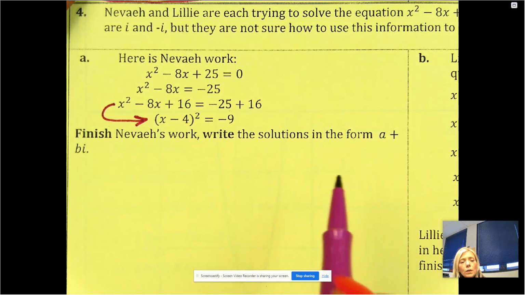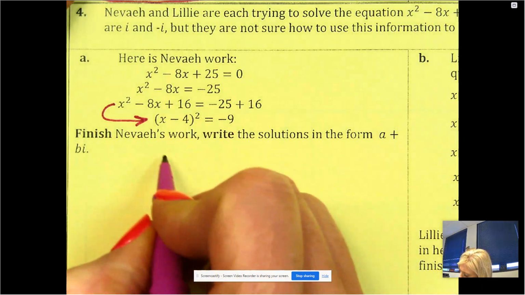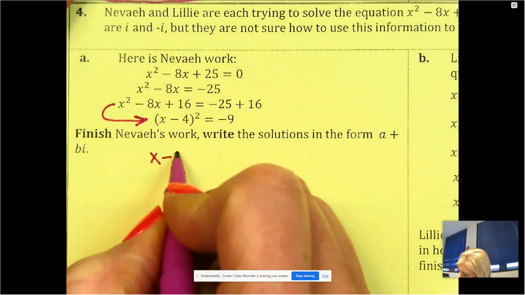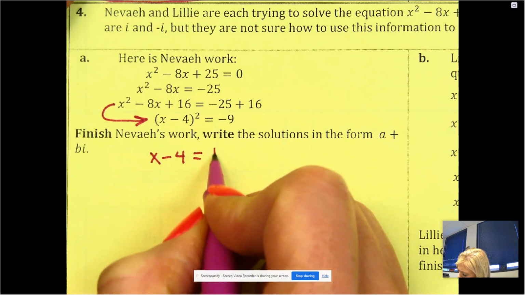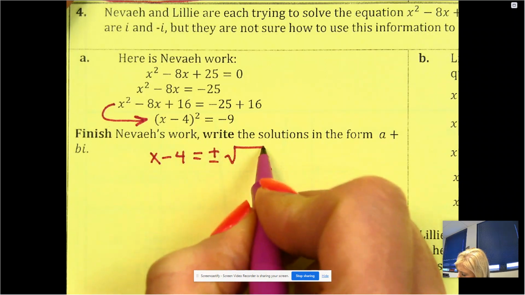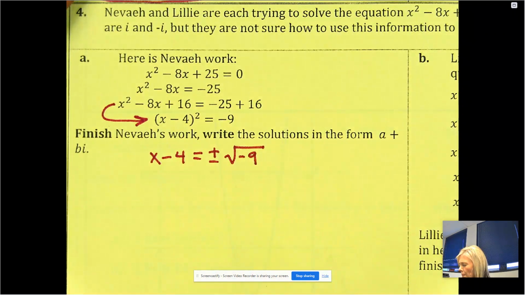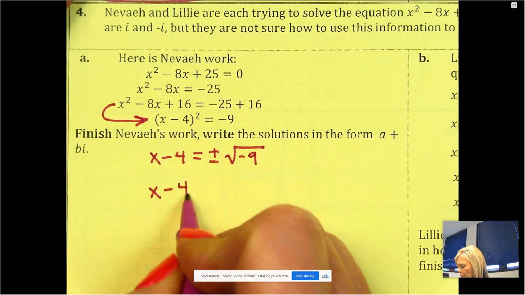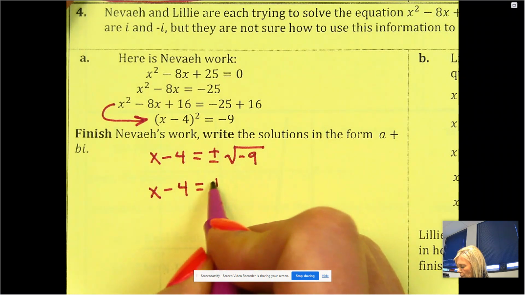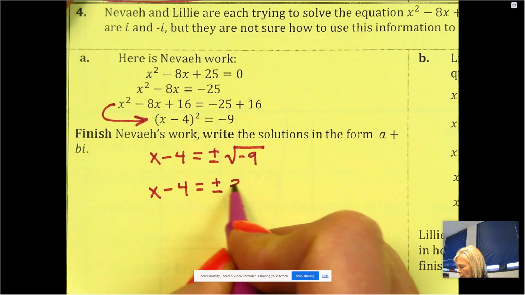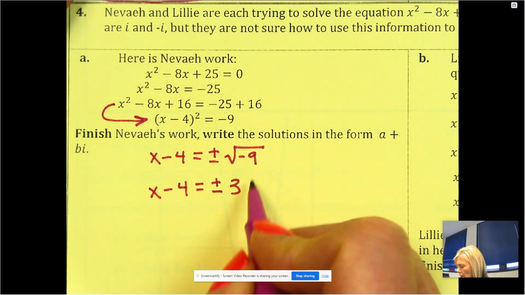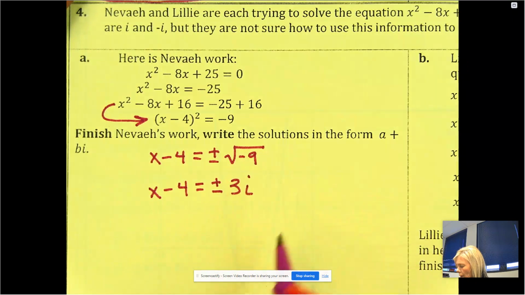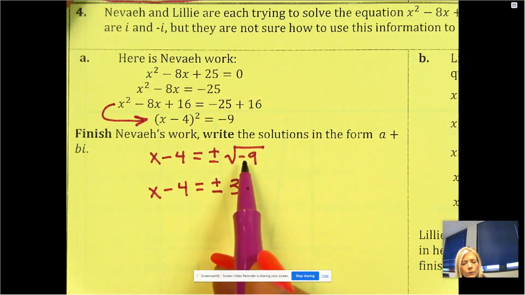So we are ready to square root both sides of the equation, which gives us x minus 4 equals the positive and negative square root of negative 9. And we can simplify that. Positive and negative 3, because that's the square root of 9, and then i is the square root of negative 1.